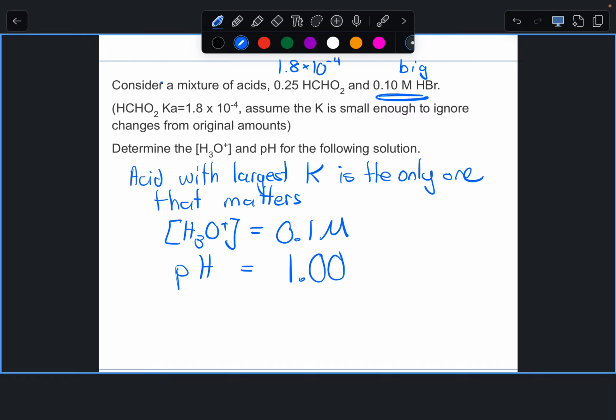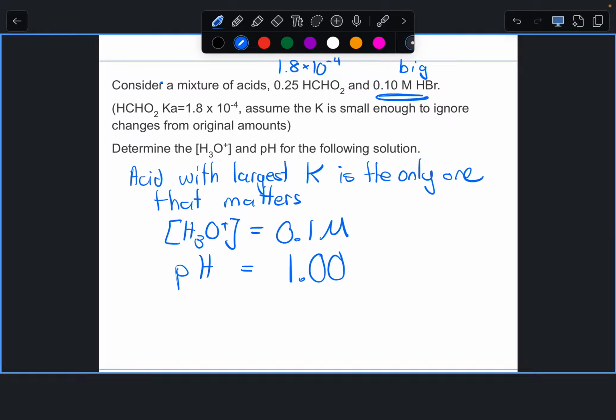Now, if they were closer together, like 10 to the negative fourth and 10 to the negative fifth, like two different weak acids, then we probably would have to calculate one and calculate the other and then add them together. Okay?